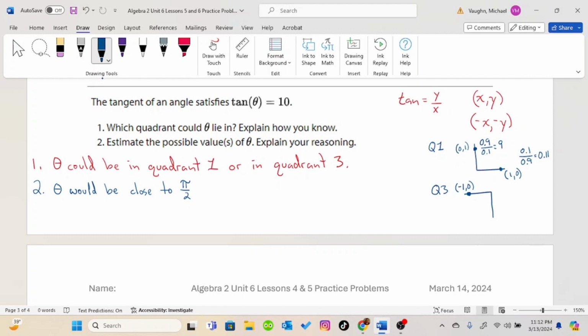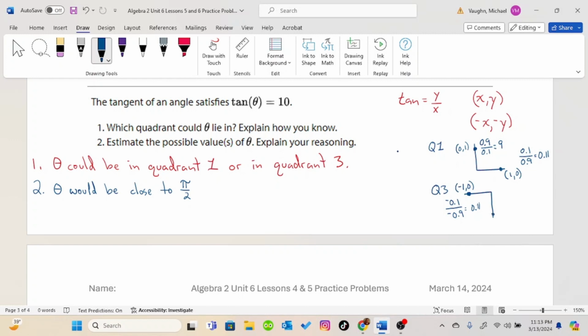And if we get really close to that, we could be at negative 0.1 divided by negative 0.9, which is going to be positive 0.11. That's not close to 10.